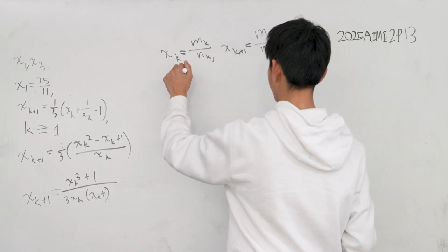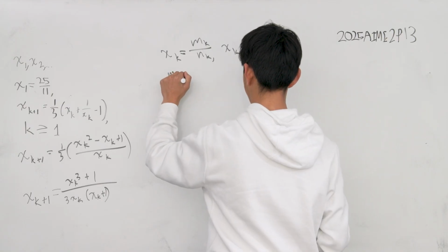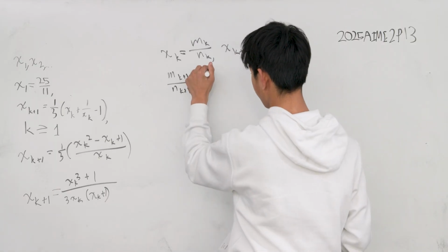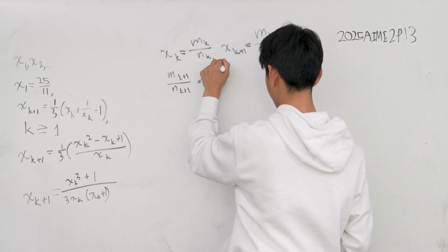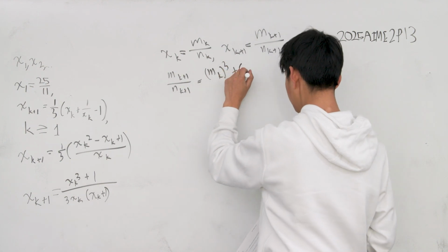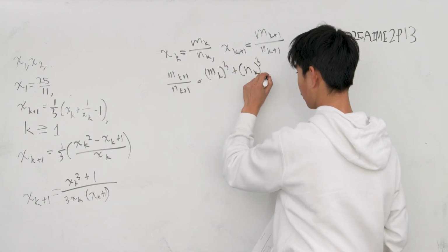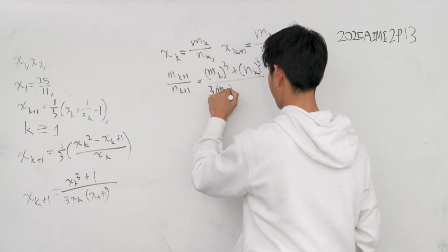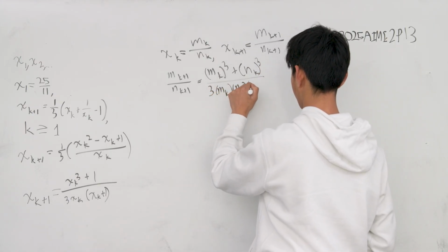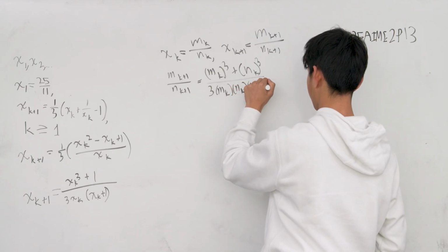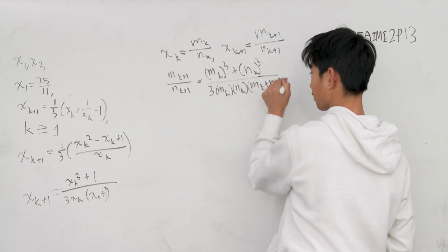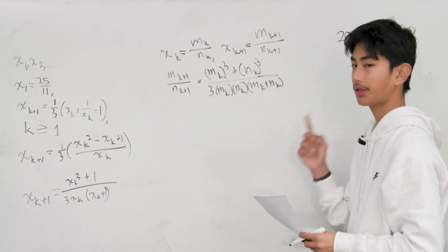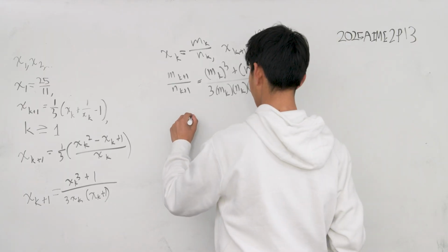Plugging it in here, m sub k plus 1 over n sub k plus 1 is equal to m sub k cubed plus n sub k cubed over 3 times m sub k, n sub k, and m sub k plus n sub k.